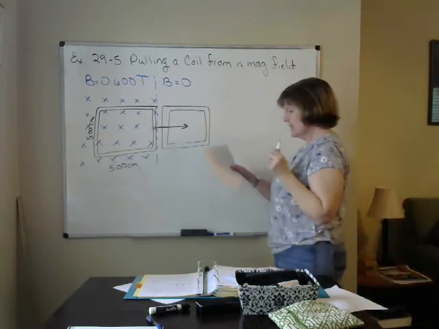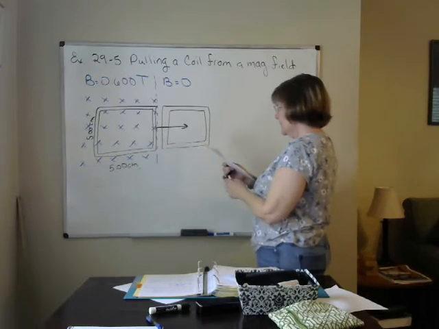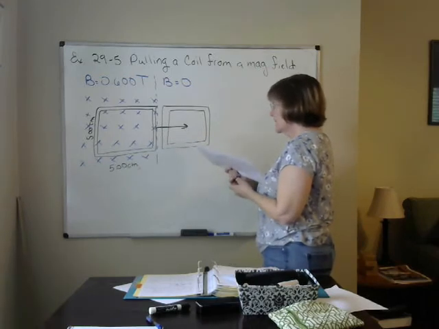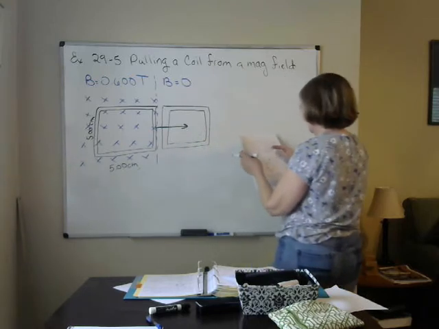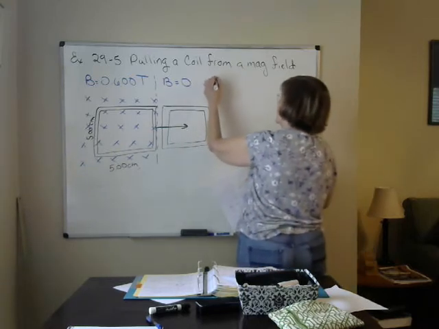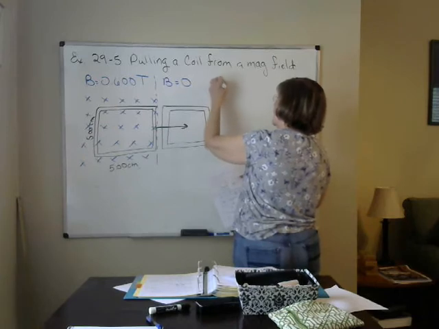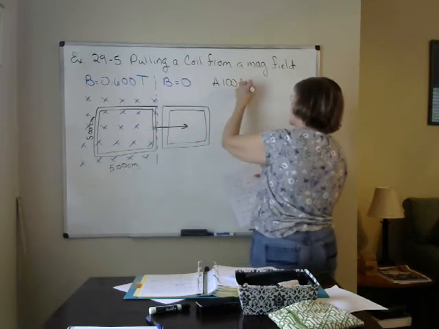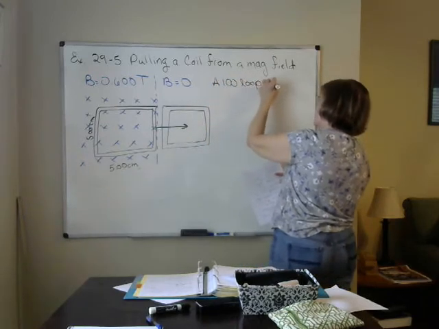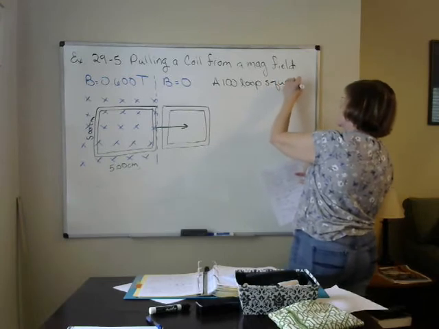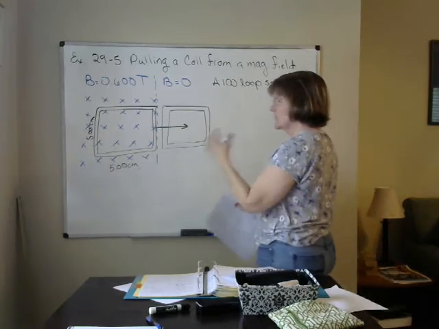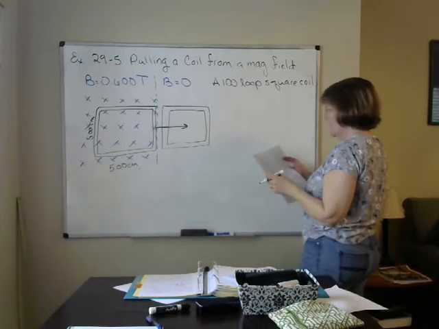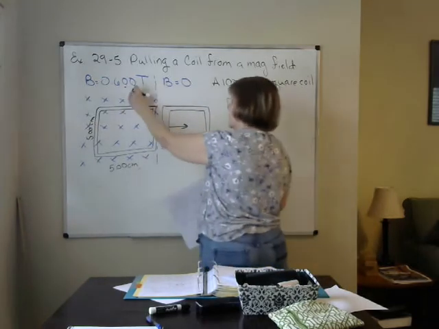So let's find the amount of flux at the very beginning. And we've got to write down a whole bunch of details about this particular loop. It's not a single loop. It's a 100 loop square coil. So I drew it square, but I did mention that it's actually 100 turns, and that's why I drew it so thick. It's not one little piece of wire. Magnetic field, 0.6 Tesla.